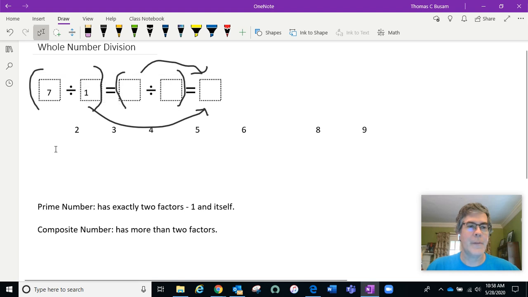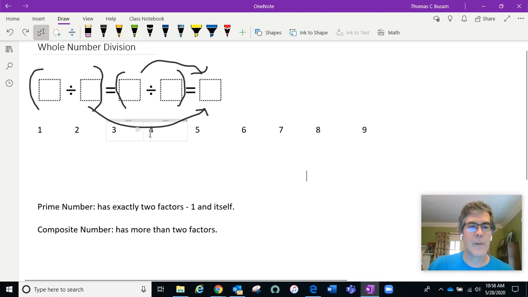But then my answer is going to be 7, and I can't reuse the digit 7, so that's not going to work. Now I could divide 7 by itself and get 1, but then again, I can't reuse that 7. So I have to start with a composite number.